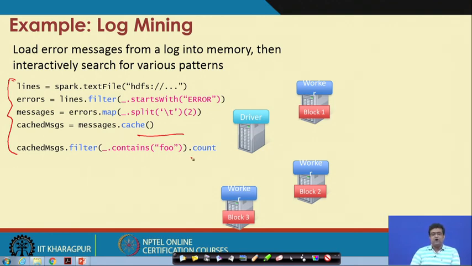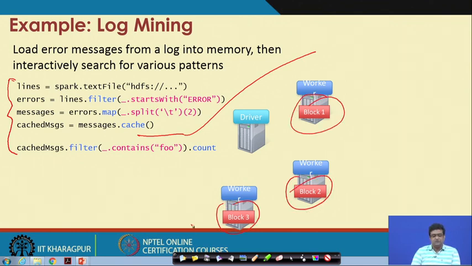Or rather, code has been executed, but no RDD has been materialized. So, no materialization has been done. Now, one RDD will be materialized, and hence these RDD blocks will be created on these worker nodes. So, this is block 1, block 2, block 3. So, all these RDD blocks will be created.